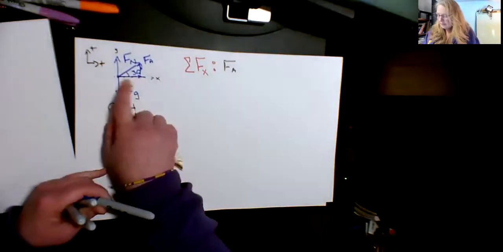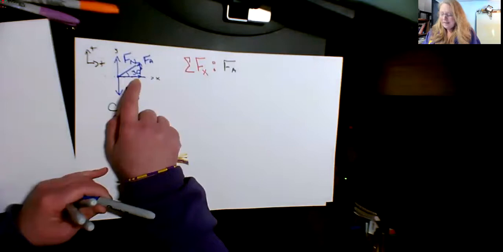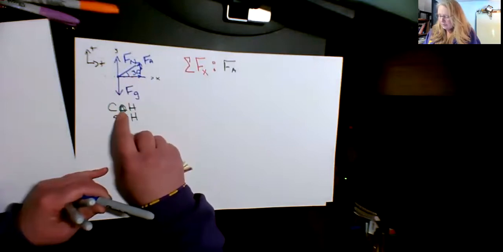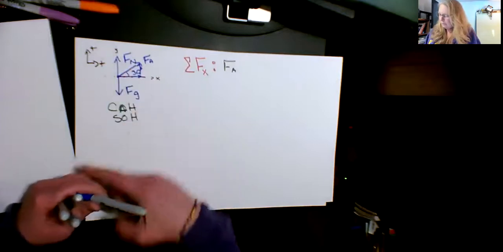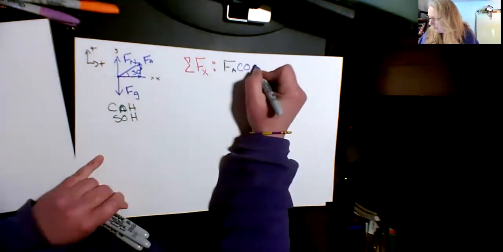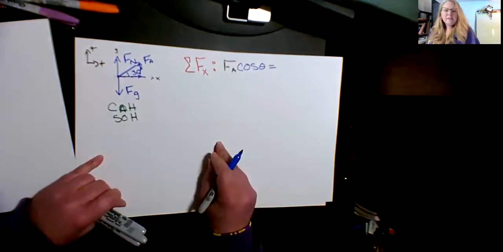But I need this x component of that force applied. This is the adjacent side. That is the angle. So cosine equals the adjacent over hypotenuse. So this force applied times cosine of theta equals, well, this thing is accelerating.